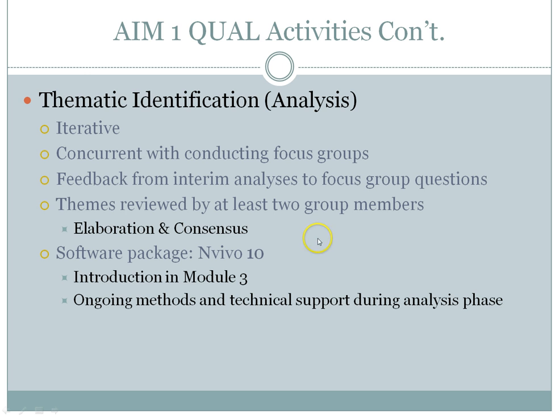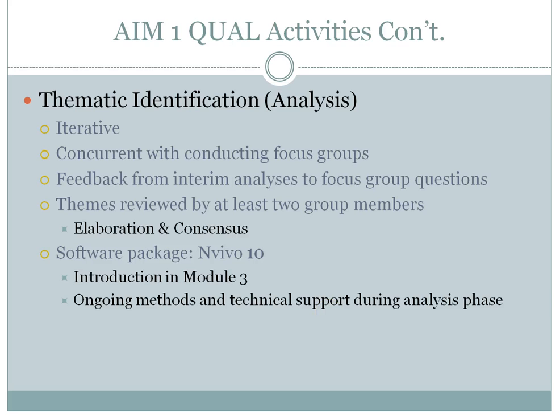The themes will be reviewed by at least 2 group members and elaborated, and we will come up with a method for developing consensus. This will be something we'll decide as a group on how we're going to do that. The software package we're going to use is NVivo 10. It's probably the premier product, it's highly reputable.